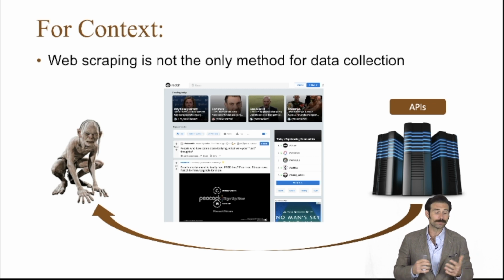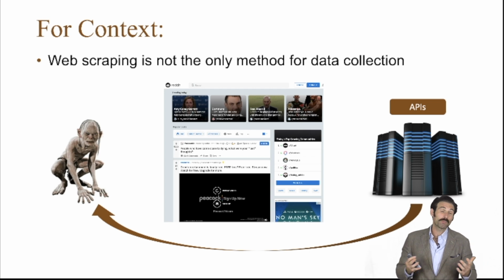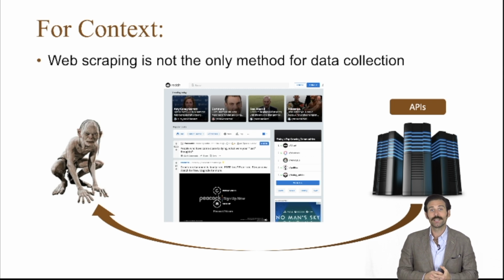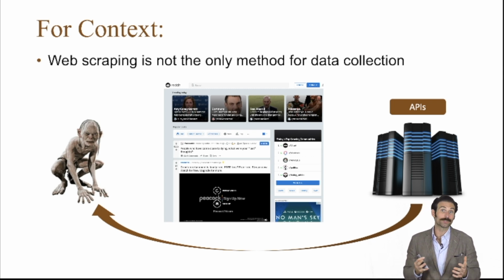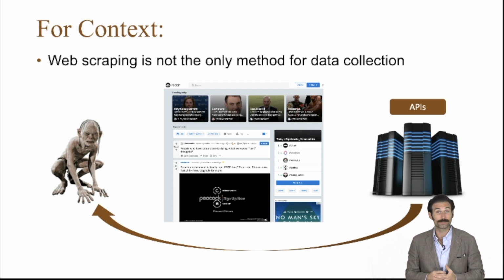So it's good to know how to do it, but it's also good to know that it's not the only method of data collection, but it's probably the easiest to learn without getting specialized into programming, and also can be quite effective for building a research project or building a data set to analyze for some other purpose as well.